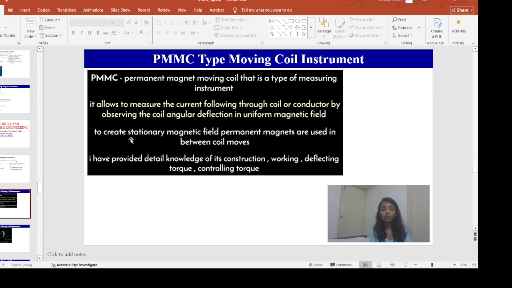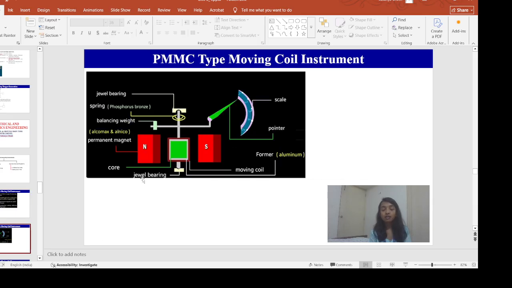In order to create the stationary magnetic field in a PMMC type instrument, we use permanent magnets, in between which the coil moves. So let us see the construction and working principle of this PMMC type moving coil instrument.